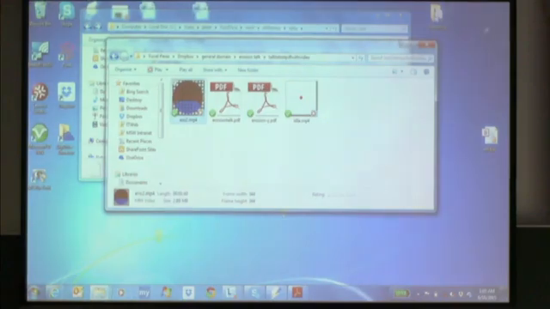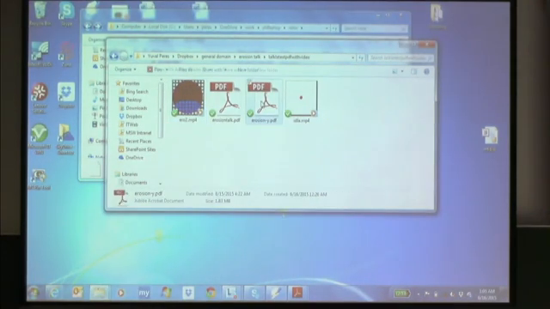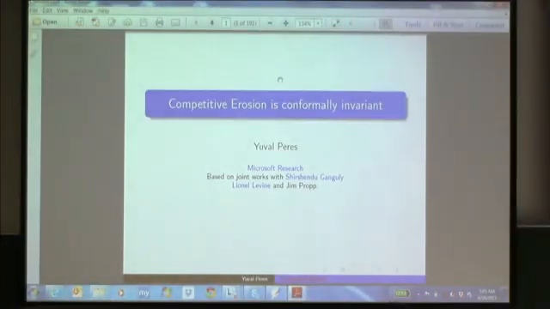So let's start. What I'll describe today is joint work with Shishendu Ganguly, but a part of it is also joint with Lionel Levine and Jim Propp, and the model is due to Jim Propp, as I'll explain later.